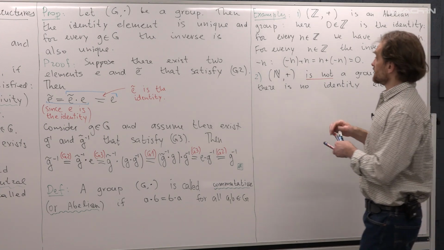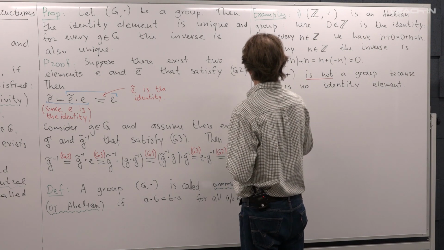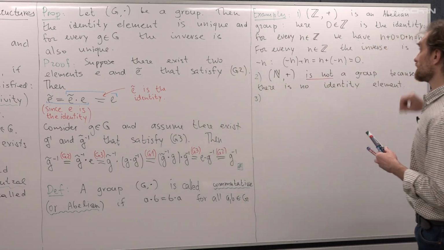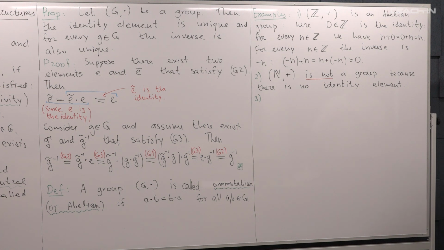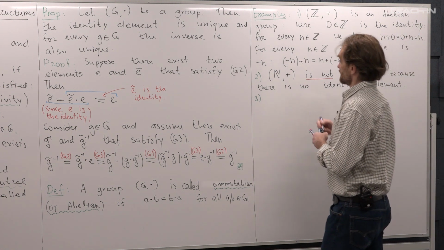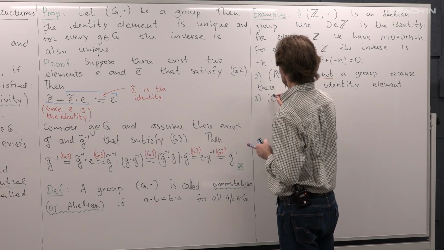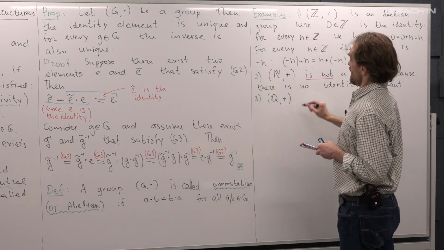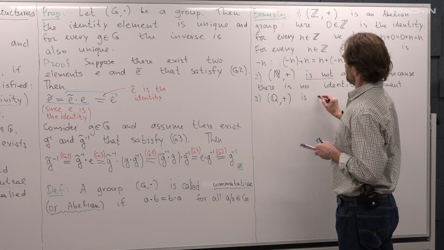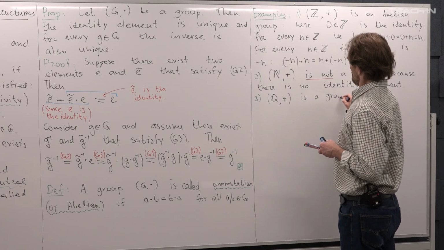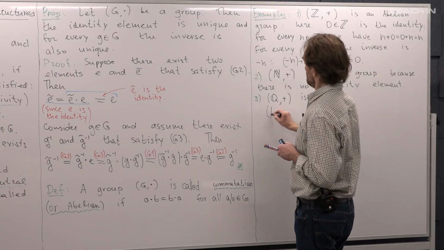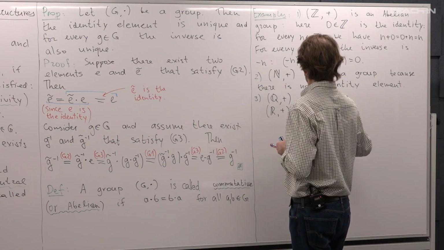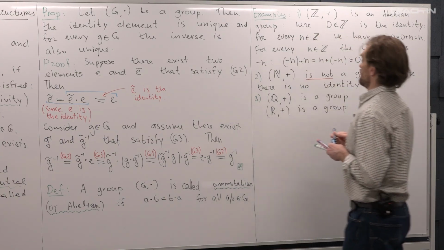Okay, then in the same way we can consider other sets of numbers. So the set of rational numbers is a group, and the set of real numbers is also a group with respect to addition.